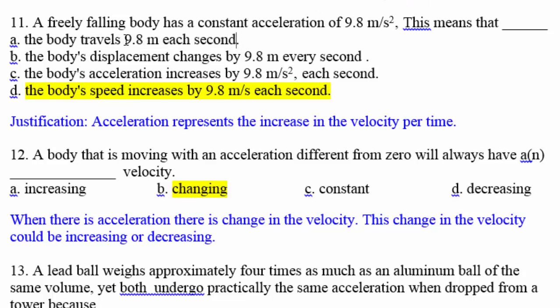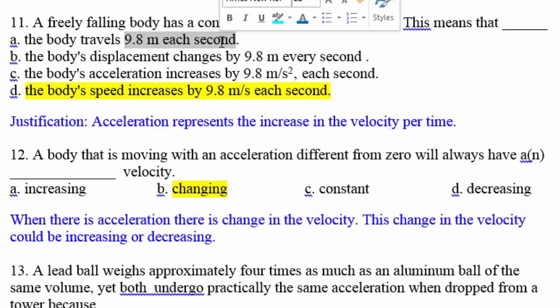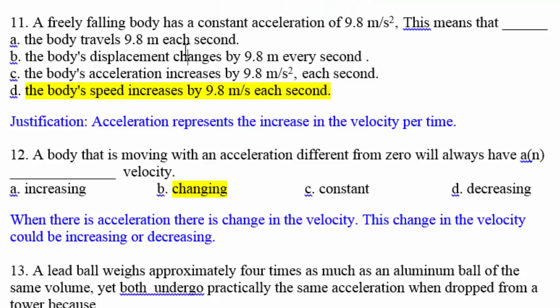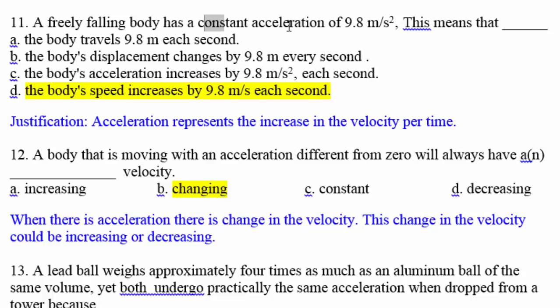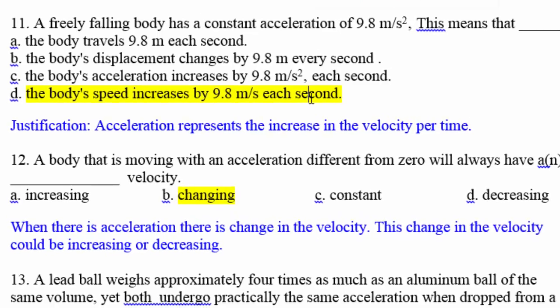If the object travels 9.8 meters each second, meaning it's traveling the same distance each second, that constitutes constant speed. The same thing for B, which constitutes constant speed or constant velocity. C constitutes increasing acceleration, and the acceleration here is not increasing, it's constant acceleration. So the correct answer is D.